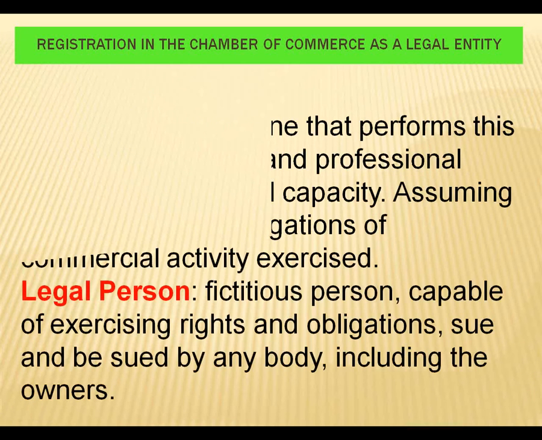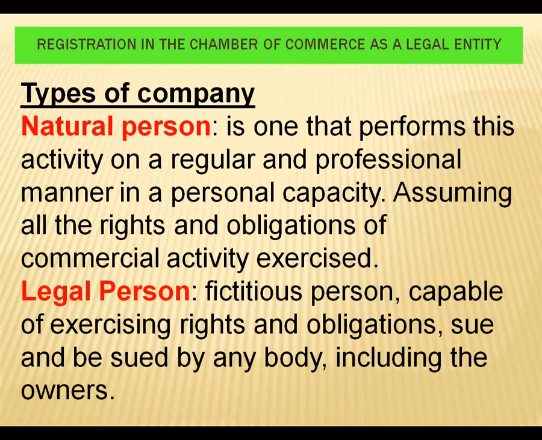And the last issue I want to deal with is registration in the Chamber of Commerce or other institutes that might be in your countries as a legal entity, because every one of us that wants to open some business has to register himself as a legal entity.